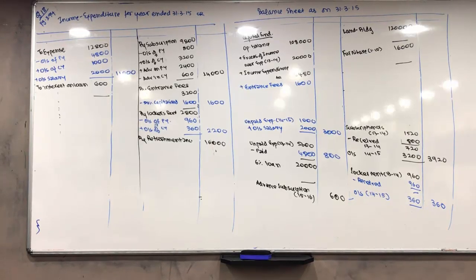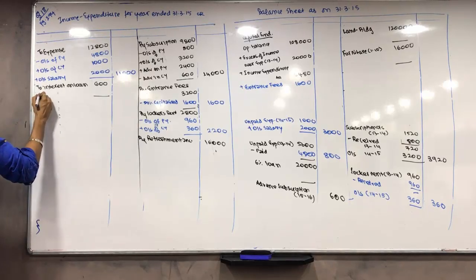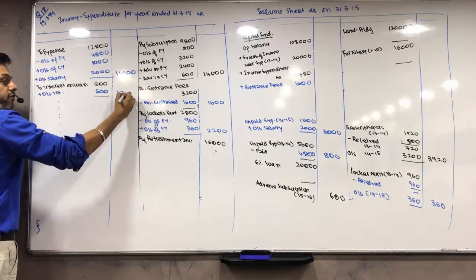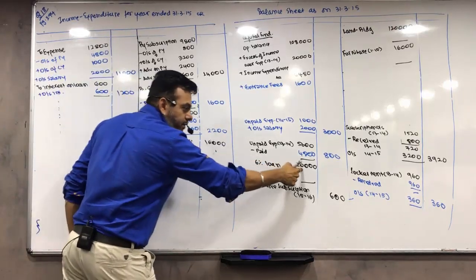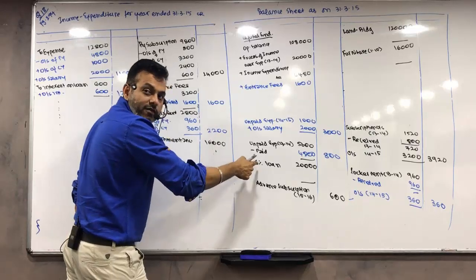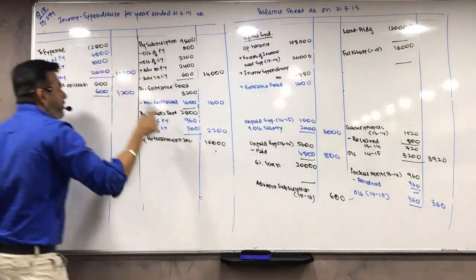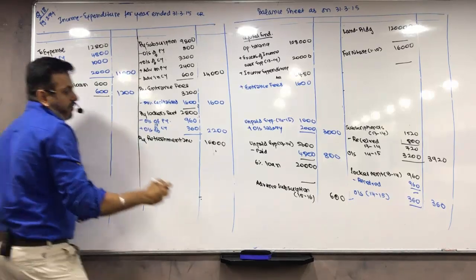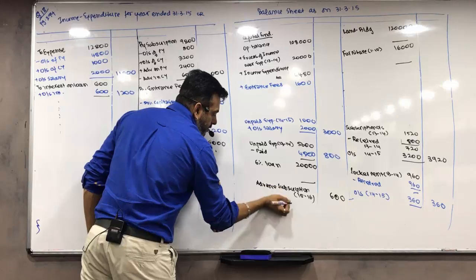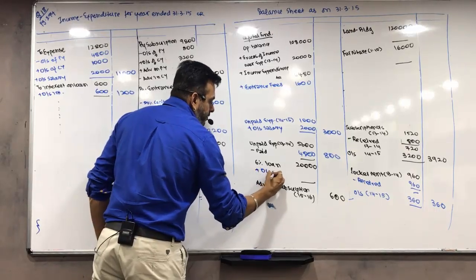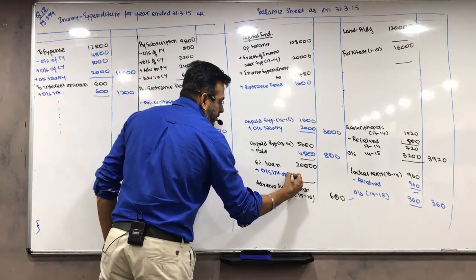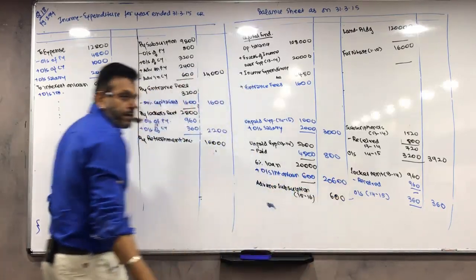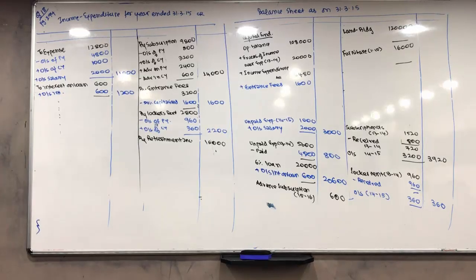How much did we pay? 600. So 600 is outstanding. All of you understood this 600? The loan is 20,000, the interest is 6%, so 1,200. Out of it 600 we had already paid, so 600 is outstanding. So outstanding, we added. 20,600.